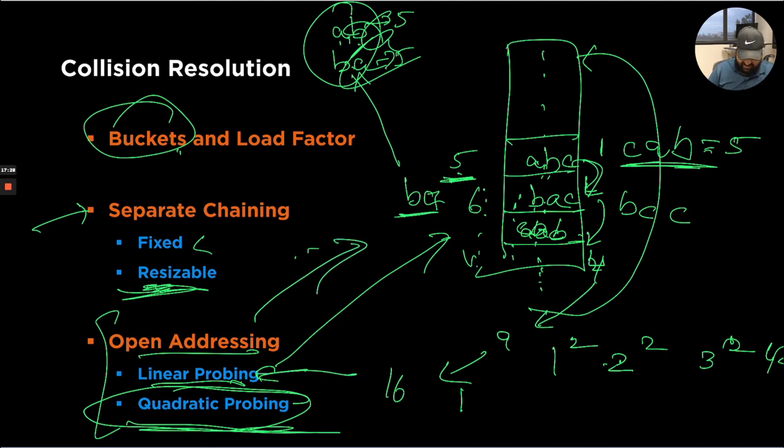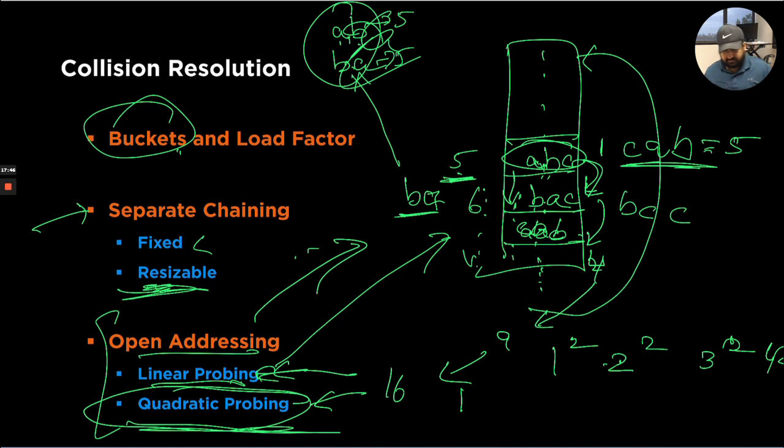Now, if you apply linear probing and quadratic probing within your methods, you have to deal with the fact that even when you are looking for a particular element and it is not found, you still have to scan through the list and find whether the element exists or there is an empty spot.